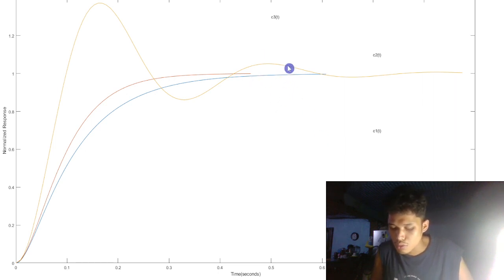So in conclusion, by plotting the different types of response from a single transfer function, by tweaking the middle part of the denominator, which will correspond to the different zeta, this zeta changes what type of step response we get.